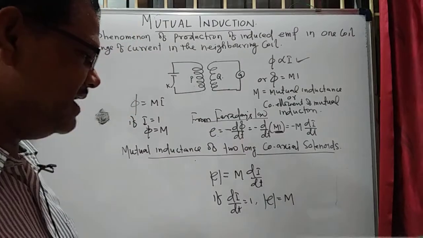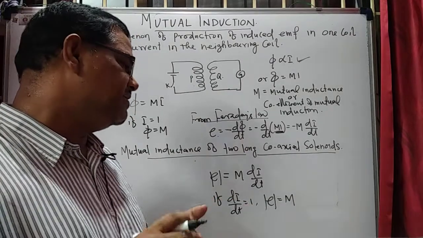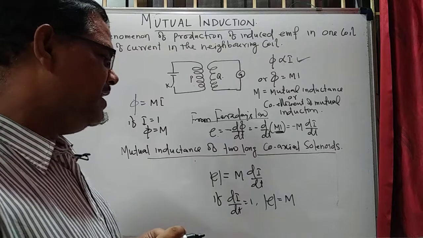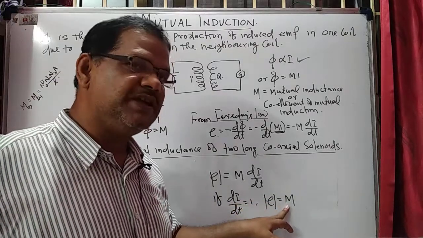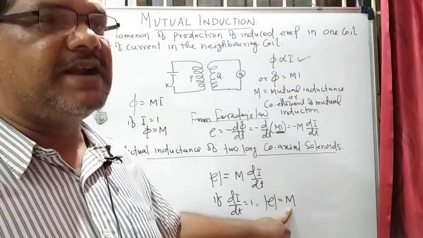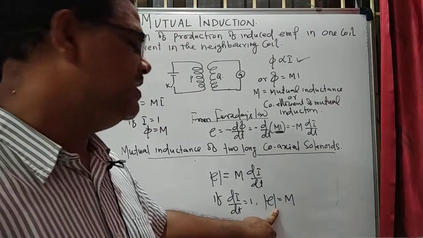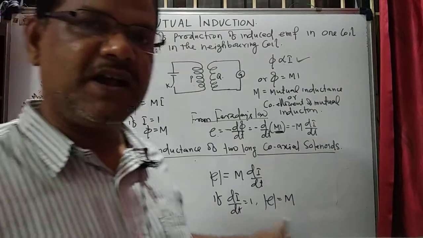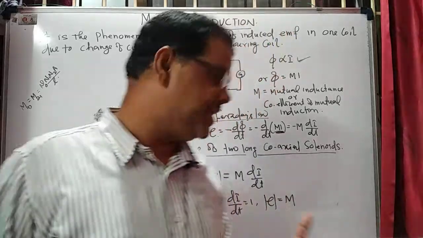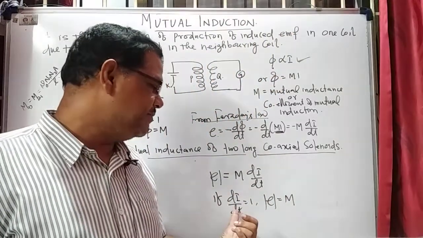The mutual inductance between two coils is defined as the induced EMF produced in the secondary coil when there is a unit rate of change of current flowing in the primary coil.